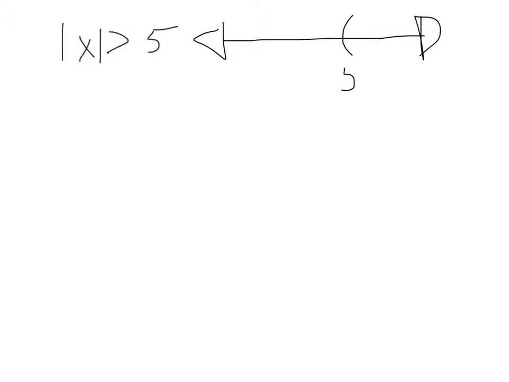So that would give us a solution that looks like that, correct? That would be all the values at distance from 0 greater than 5. What about negative 5? Negative 5 would not be, but greater than 5 would be what? Less than negative 5, like negative 6, negative 7, etc., correct?